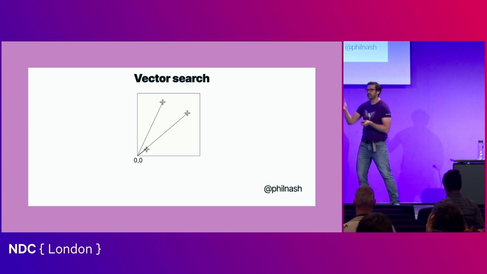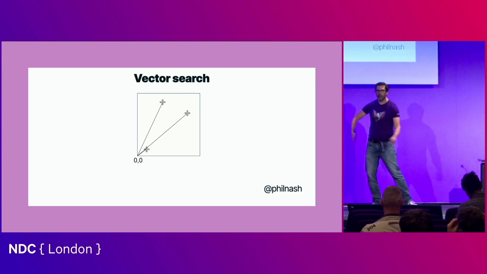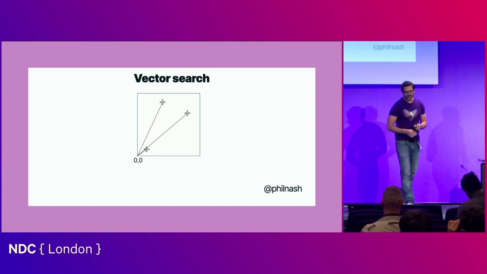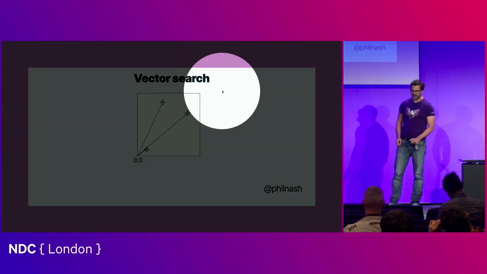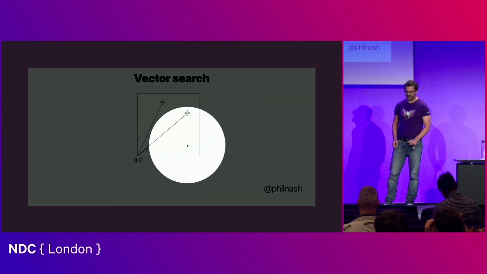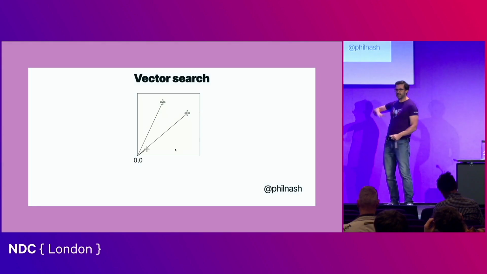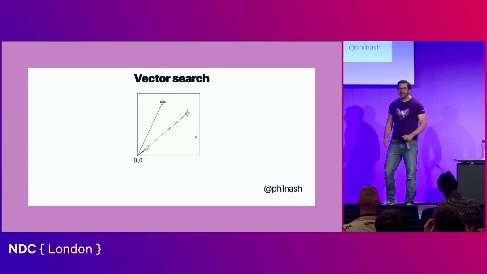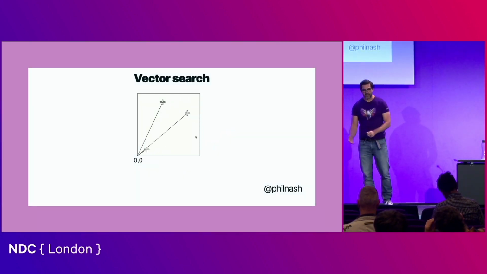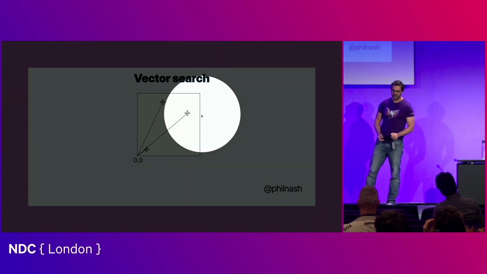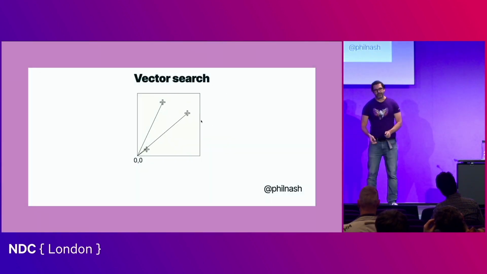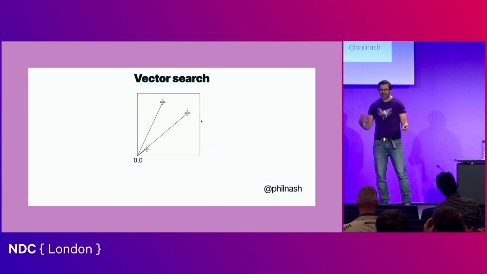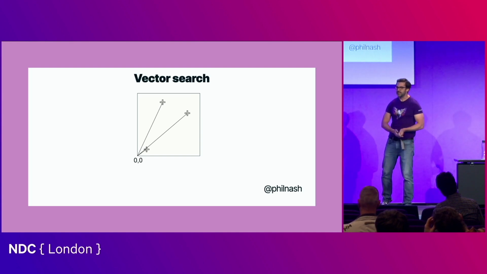Their meaning is the direction, and the magnitude is just how much they mean that. So in this case, the vectors nearer to the bottom and further out to the right are the ones that kind of mean the same thing. It's just the one at the top there really, really means it. That's still kind of abstract to think about, but that's how we're going to deal with this.